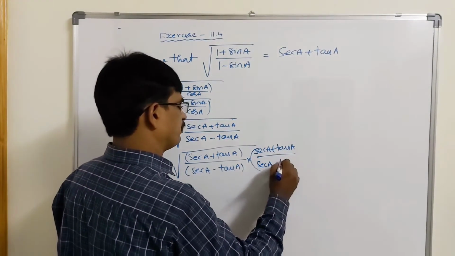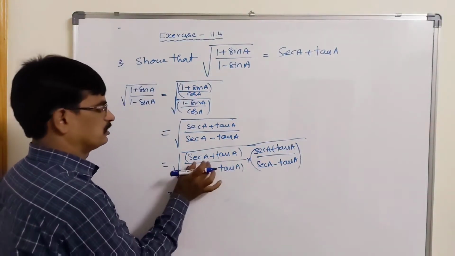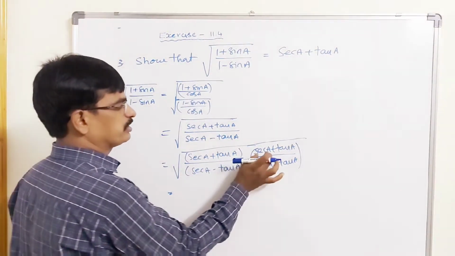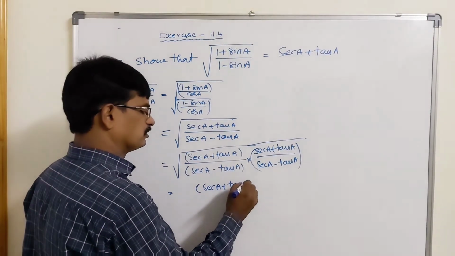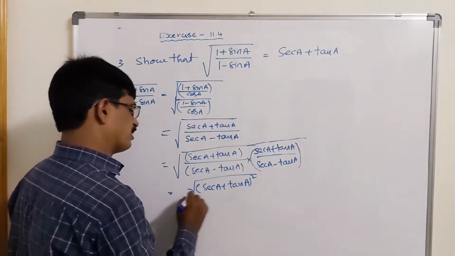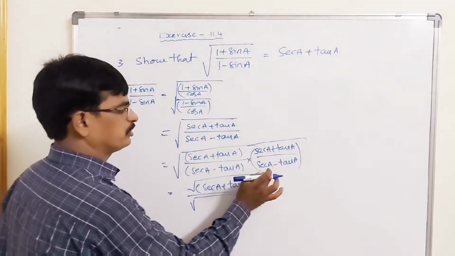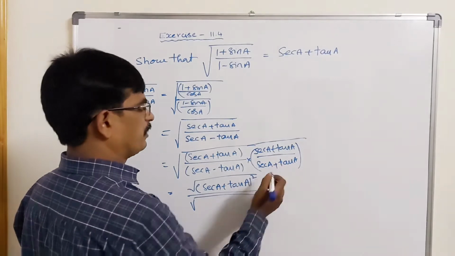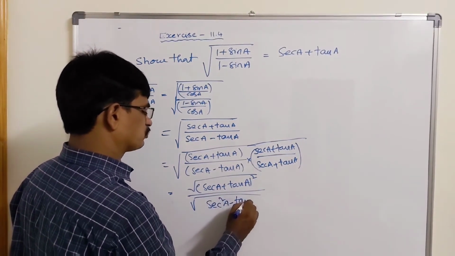See here, secant a minus tan a into secant a plus tan a is in the form (a minus b) into (a plus b), that is a square minus b square.